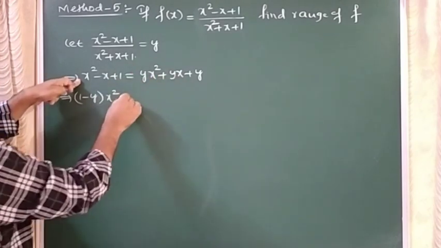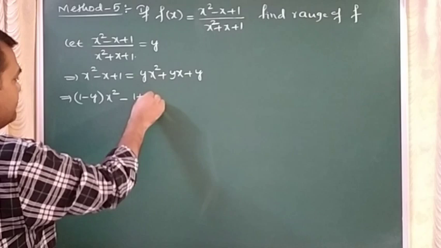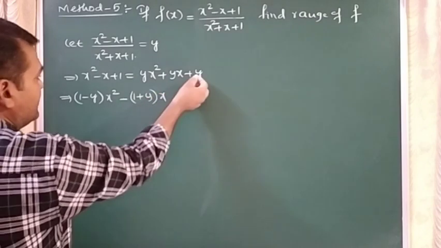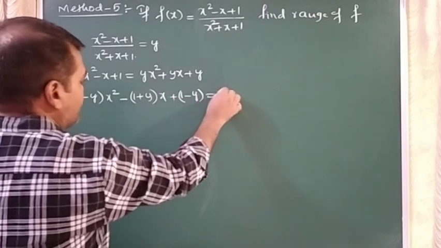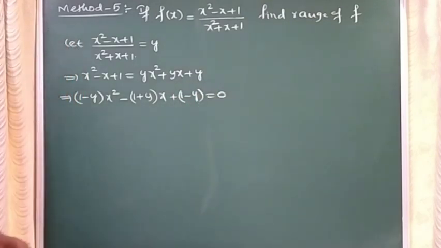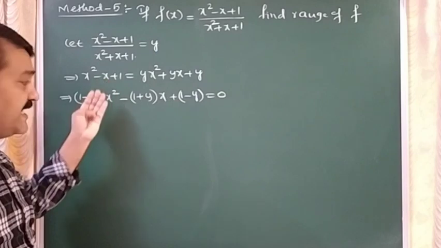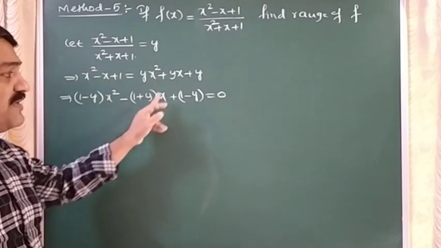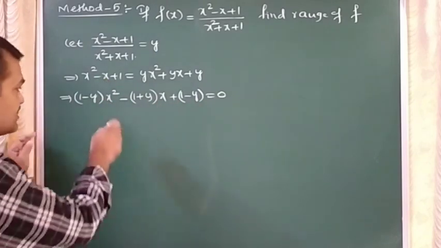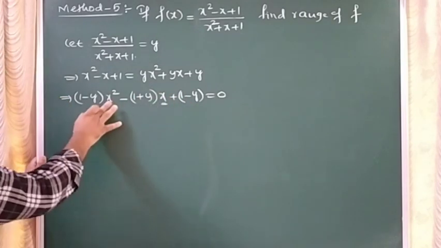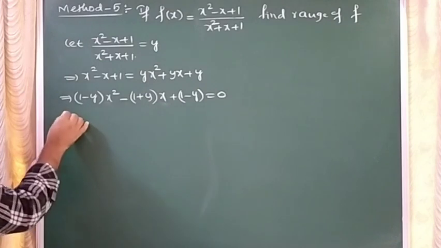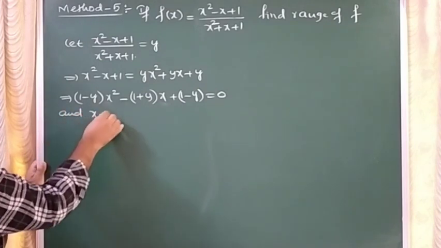This comes to this side means minus x common, so 1 plus y into x. And this comes to this side means 1 minus y is equal to 0. So when all terms are shifted to one side, you are getting a quadratic equation in x like this. So this is clearly a quadratic equation in variable x.